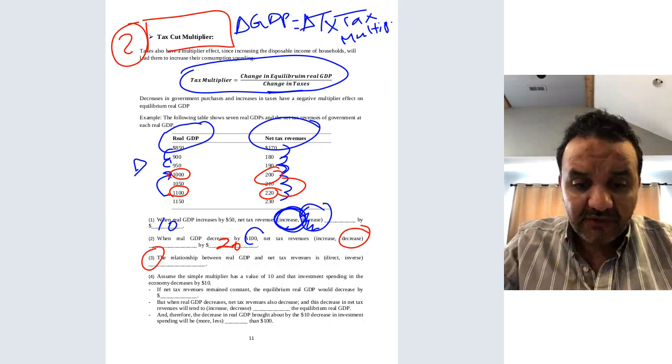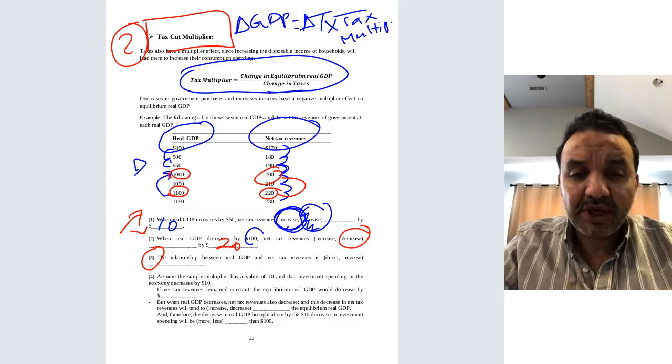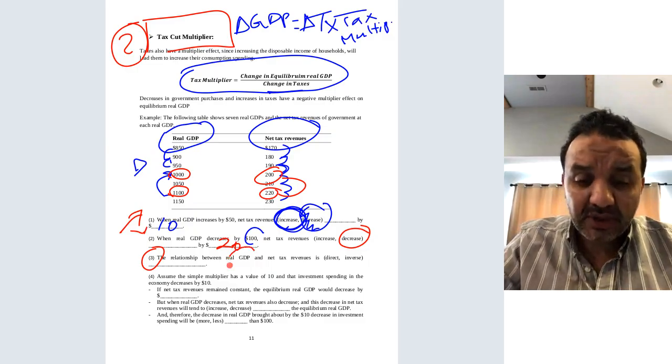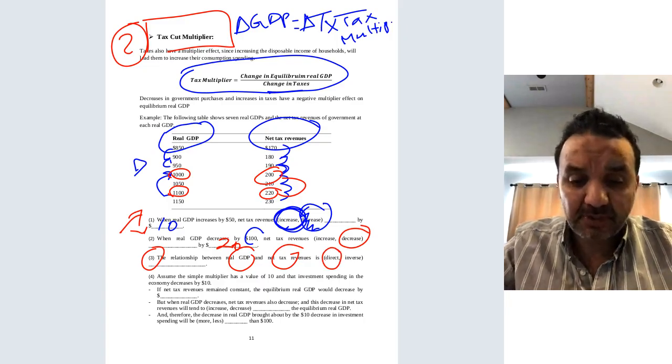Okay, now number 3. From these two questions, 1 and 2, we can conclude that the relation between GDP and tax revenue is direct or positive. So there's a positive relation between GDP and the collected taxes.